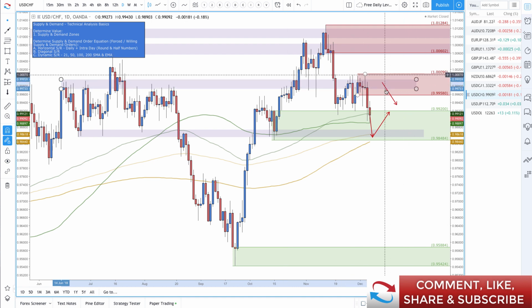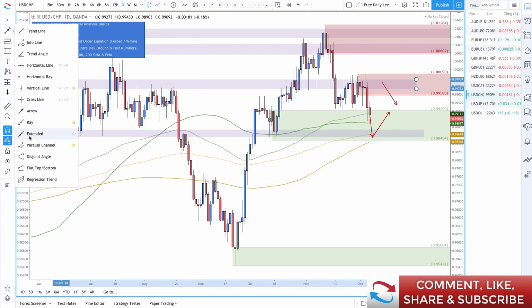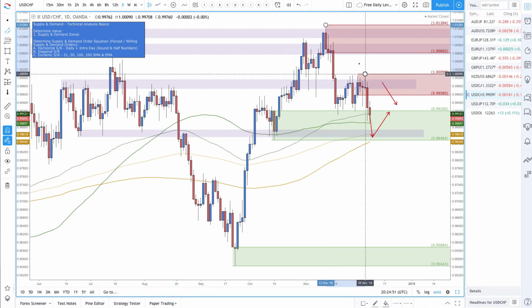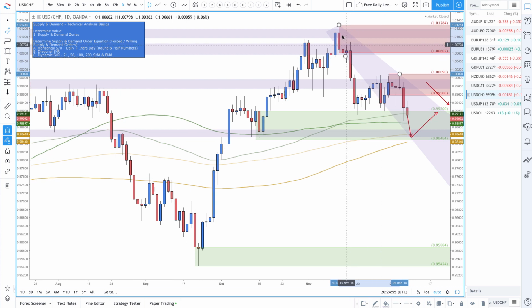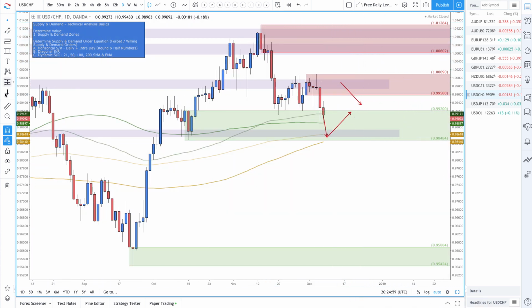So not only do we have value, but we've got horizontal, and then we also have some diagonal support and resistance within that area as well. Yeah, a bit of diagonal. It's gone all weird. Let me delete that.